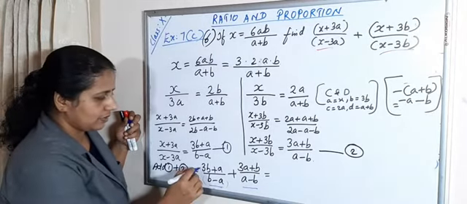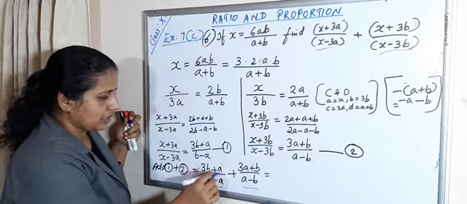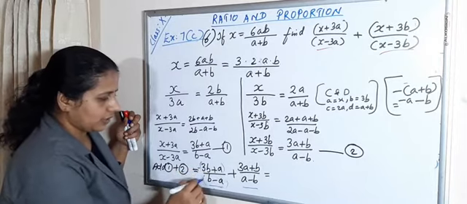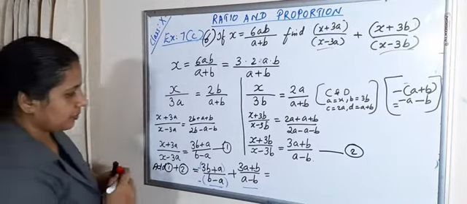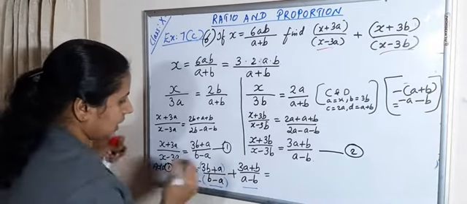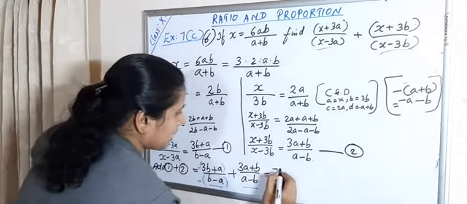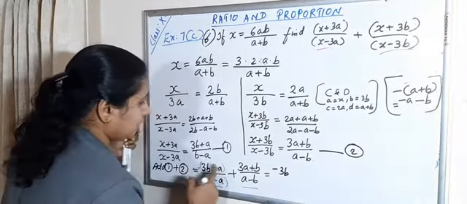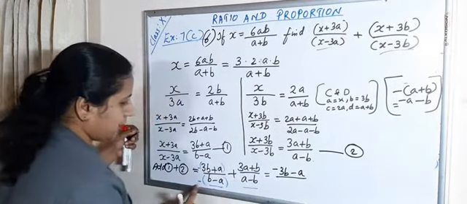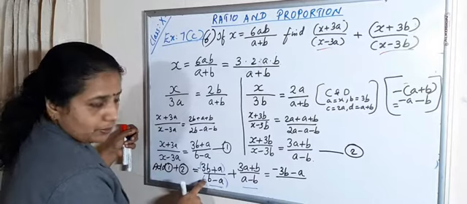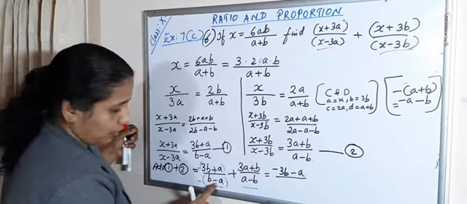Multiply the numerator also with the negative sign. Okay, so what you will get now? That is equal to negative into 3b is negative 3b. Negative into a, positive a is negative a, divided by, this will become negative b, and negative of negative is positive.